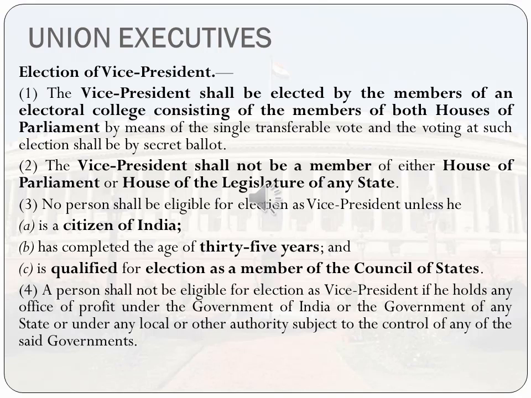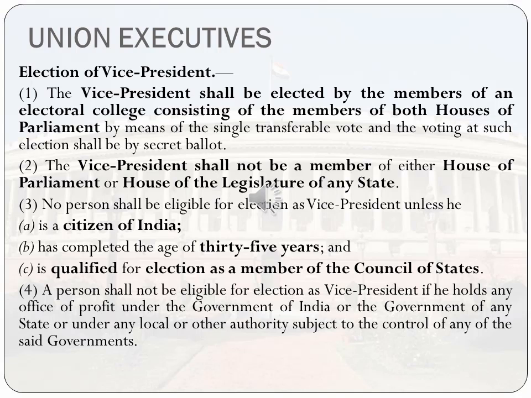The Vice President shall not be a member of either House of Parliament or the House of the Legislature of any state. He shall be eligible for election as Vice President only if he fulfills the following criteria. That is, the person should be a citizen of India, one. Second, he should have completed at least 35 years of age.